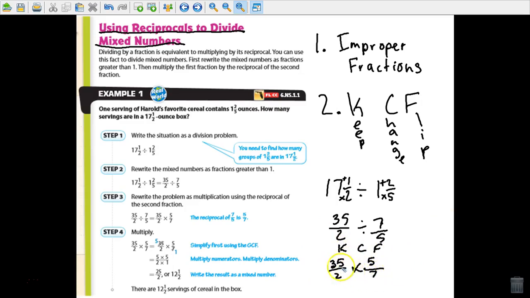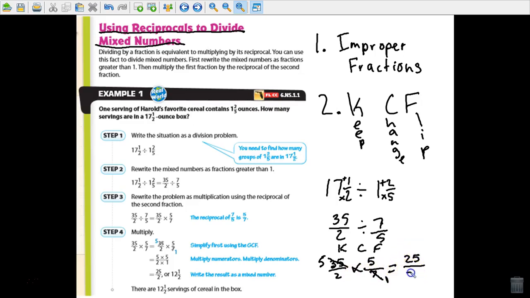So the GCF between 35 and 7 is 7. So 7 divided by 7 is 1. I'm going to cross out my 7 and turn it into a 1. And then 35 divided by 7 is 5. Okay? So 5 times 5 is 25.